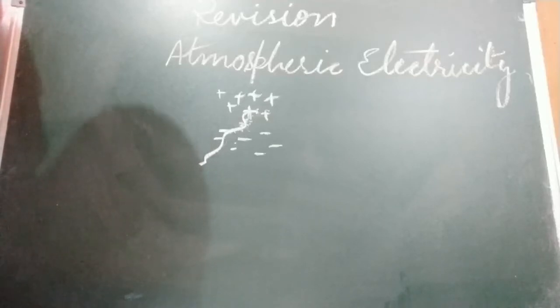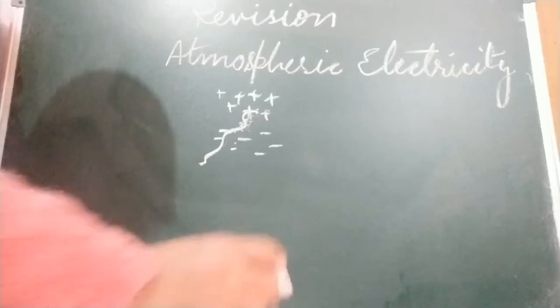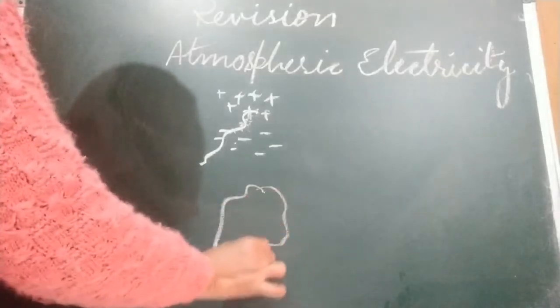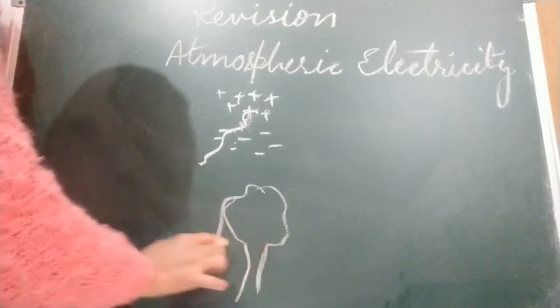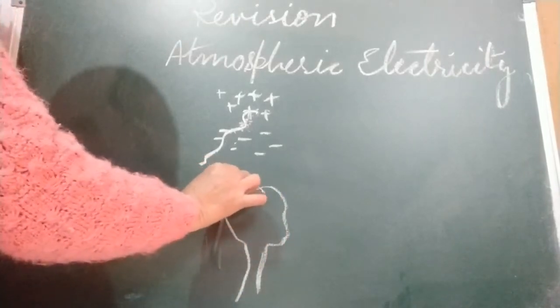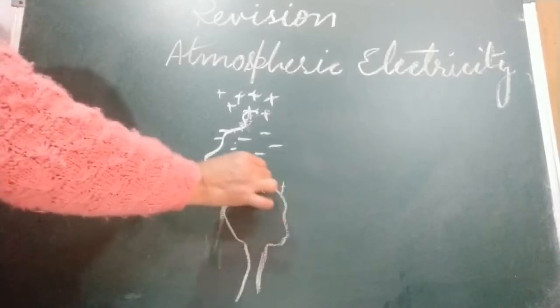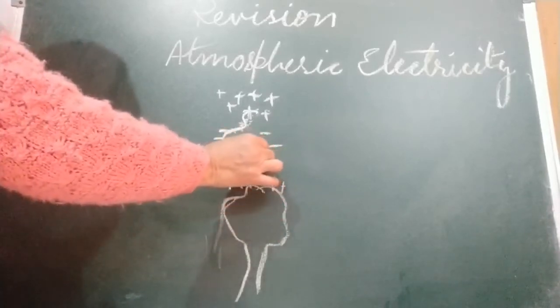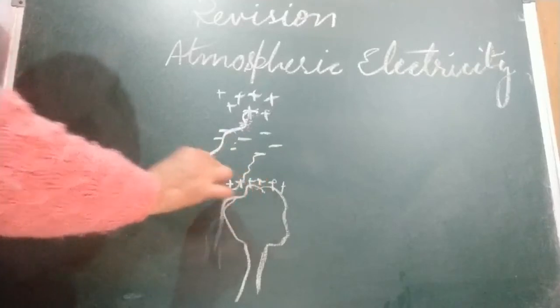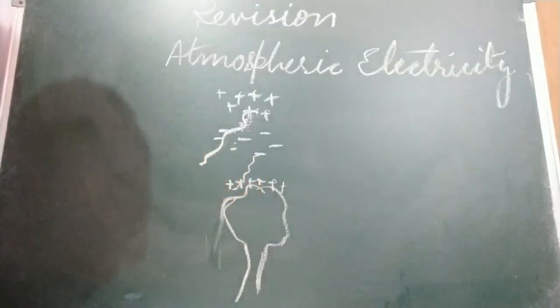The buildings and trees thus acquire the opposite charge. Like this tree or any building acquires opposite charges due to induction, and electric discharge can take place between the building and clouds, between trees and clouds.